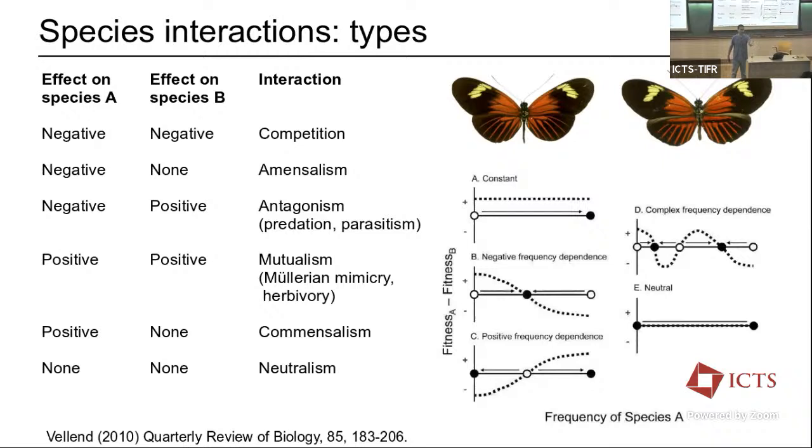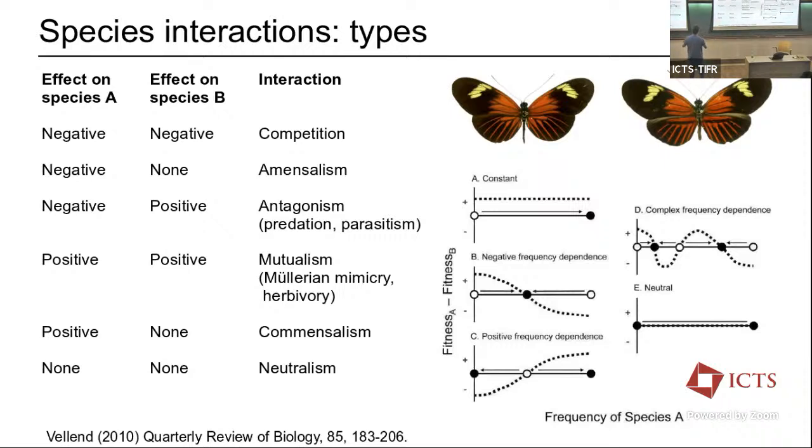So predation is one example of how one species has a positive impact on the other, but it suffers in the bargain. It loses out. Predators eat you from the outside. Parasites, disease eat you from the inside. And so parasitism, disease is another example of how you have this asymmetry of interactions between species, where one has a positive effect and the other has a negative impact. So if you get malaria, it's great for the malarial parasite, not so good for you, right?